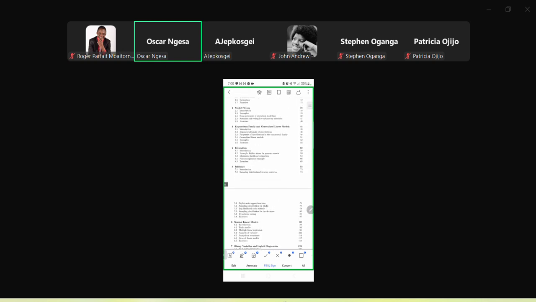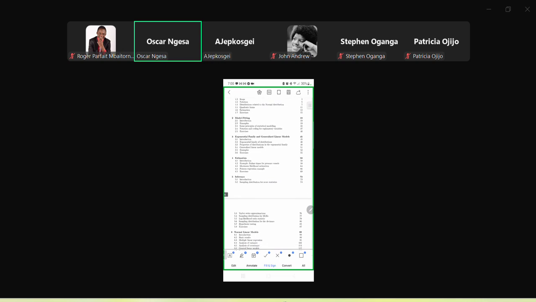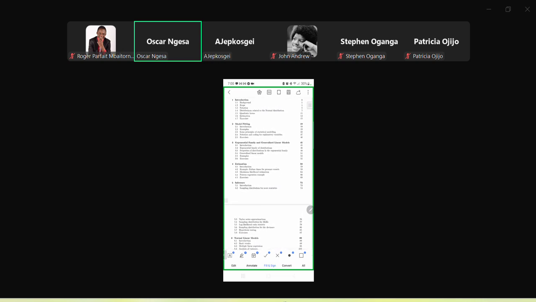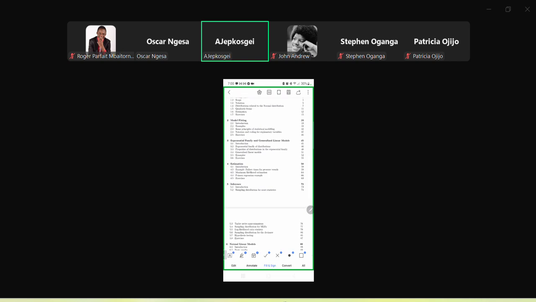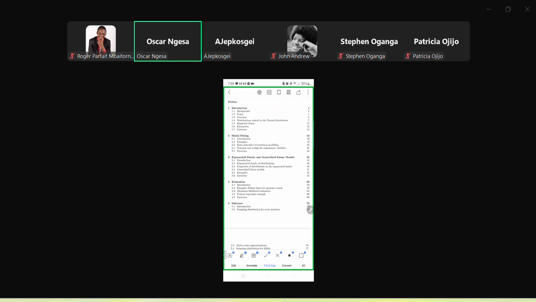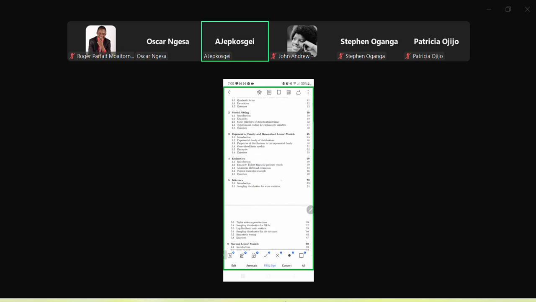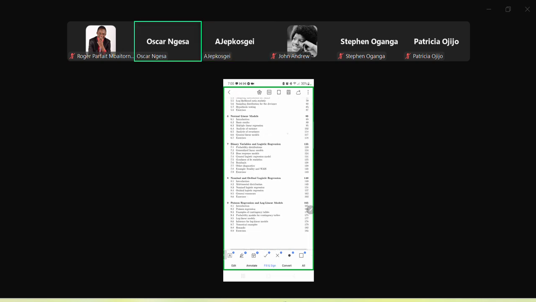I'm going to chapter 3. Can you see chapter 3? The exponential family. That's what we'll look at, and this will help us understand why we are using the different links. Nothing new there, just to understand why we are using the different links.